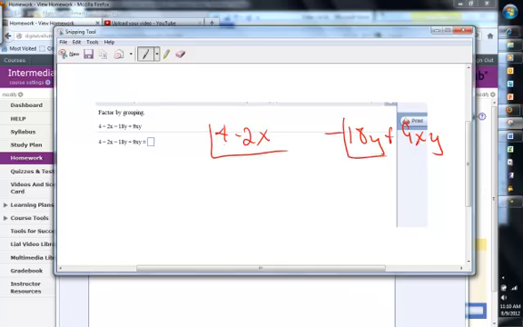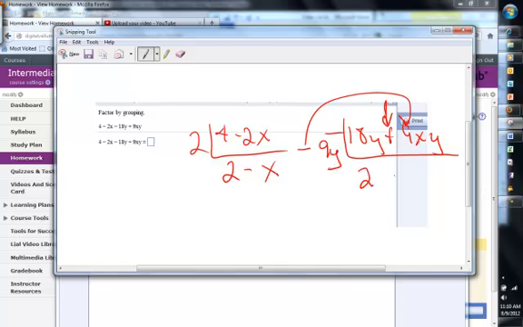So we've got two separate ones. Take out a 2 out of the first ones, and we're left with 2 minus x. Take out a negative 9. This negative 9 makes this sign negative.